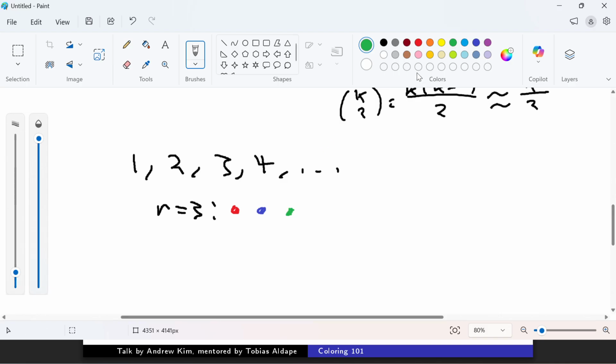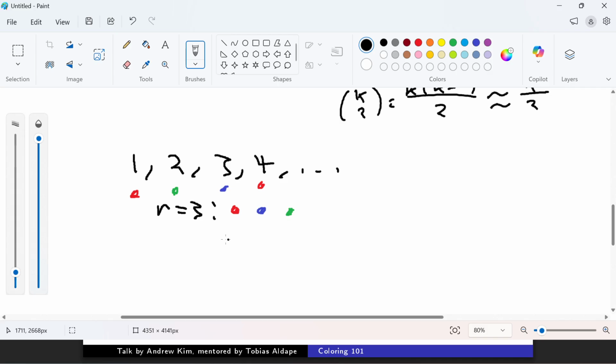And then an r-coloring of the integers just means for each integer you assign it a color. And this can be in any way you'd like. So let's say we have red, green, blue, and then let's say I want 4 to be red as well. If you continue this on indefinitely, that would be an example of an r-coloring of the positive integers.